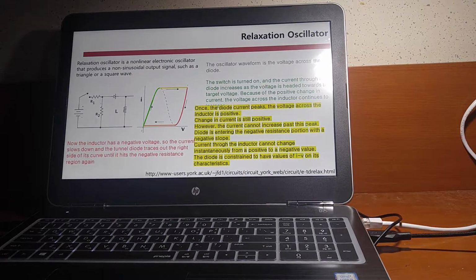Next we learn about the relaxation oscillator. A relaxation oscillator is a non-linear electronic oscillator that produces a non-sinusoidal output signal, such as a triangular or square wave.